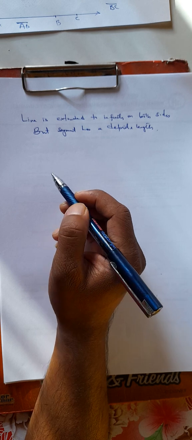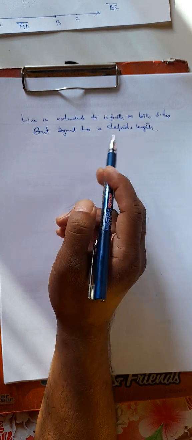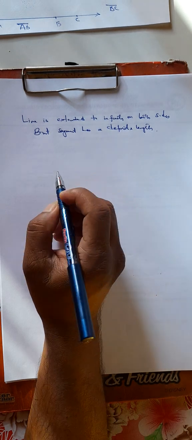So a line segment has definite length, but for a line you cannot find the length. It is extended to infinity on both sides.